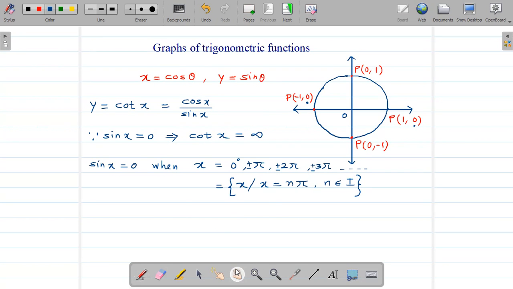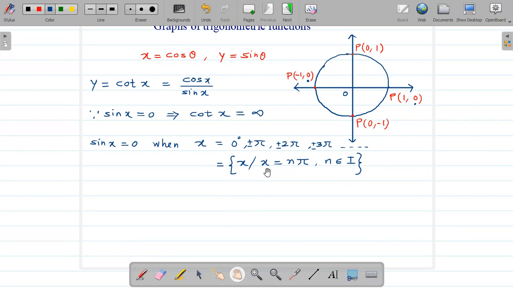So the value of sin x is equal to 0 when x is equal to n pi, where n belongs to the set of integers. So sin x is equal to 0 means x is equal to n pi, or in general you can write sin n pi is equal to 0 for all n belonging to the set of integers.